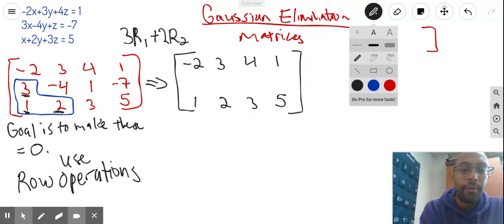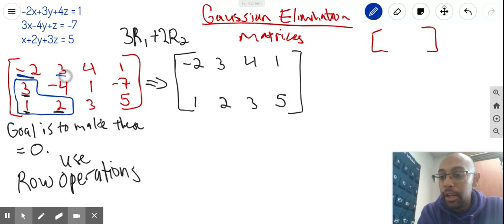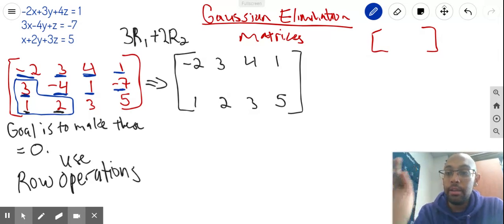So I am focusing now on taking every number in row 1 and I'm going to multiply it by 3. I'm going to take every number in row 2, multiply it by 2, and then add them together. So -2 times 3 is -6. 3 times 2 is 6. Add them together.